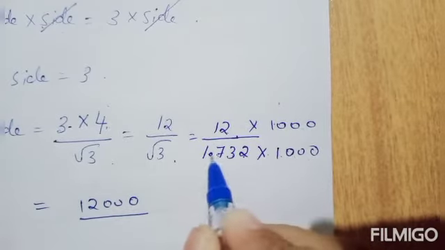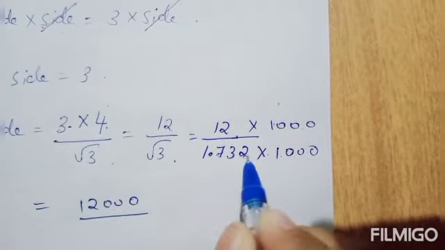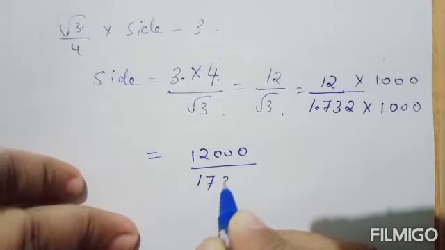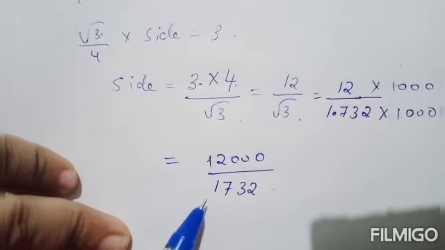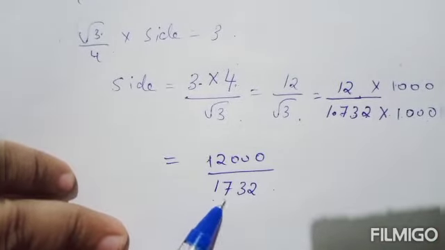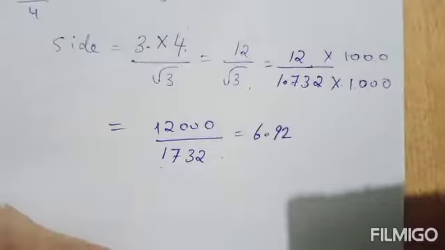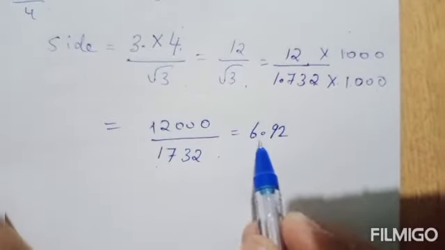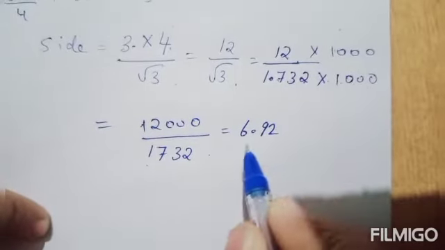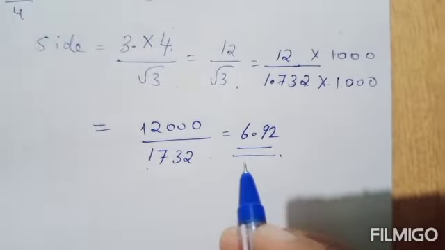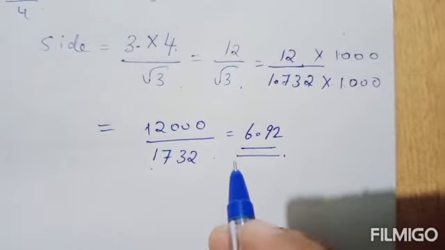Multiplication by 1000, so the decimal point will move 3 places to the right. So you will get 1732. Now you can divide 12,000 by 1732. You will get 6.92. This is the side of that equilateral triangle.